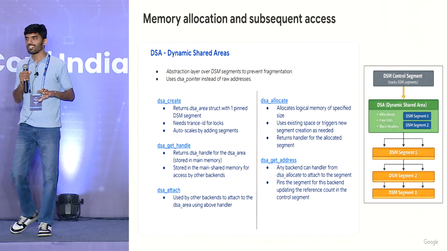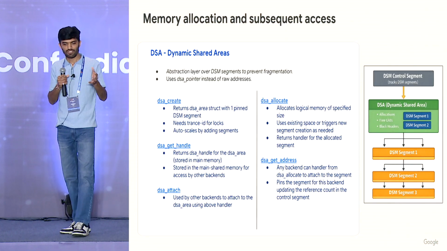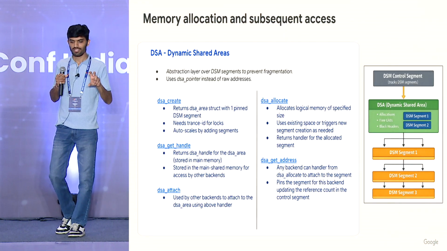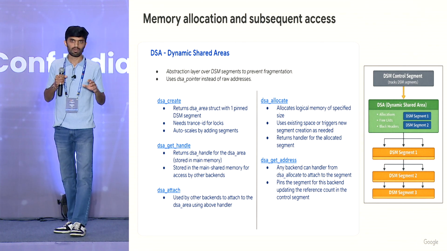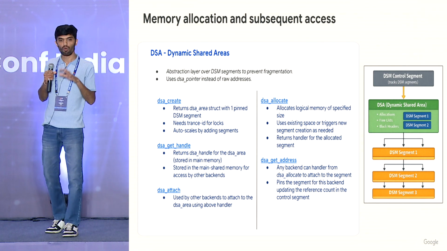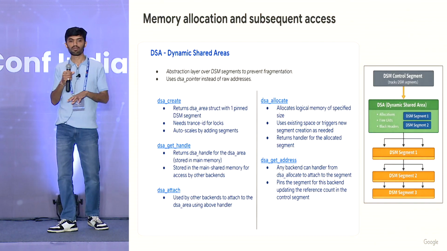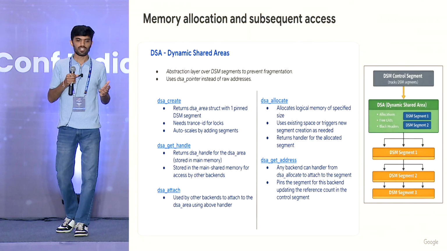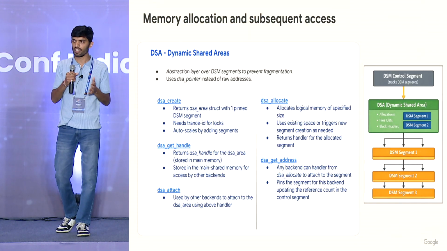Yeah, so finally, as Rajeev said, we have a solution for every problem. As part of the DSM, because of this problem of having a lot of fragments, and also the problem that when you have pointers in a DSM memory struct, it cannot be referenced by another process, PG also provides a wrapper over the DSM library called DSA, which is dynamic shared areas.